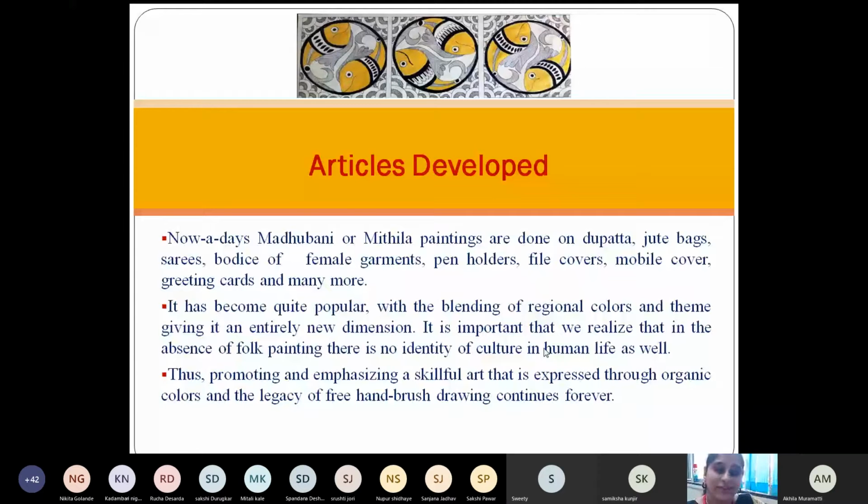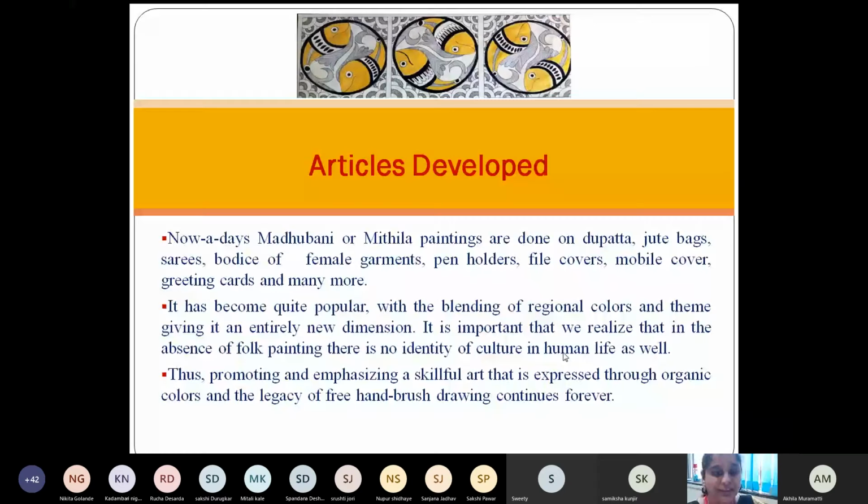So this is what I had to say in the article section, that promoting and emphasizing the skillful art with organic colors and the legacy of working without using any brush should continue forever. So I will take you across some Madhubani paintings over here.